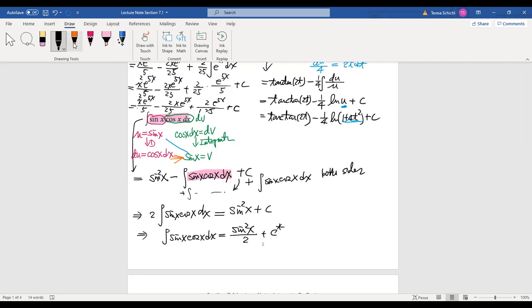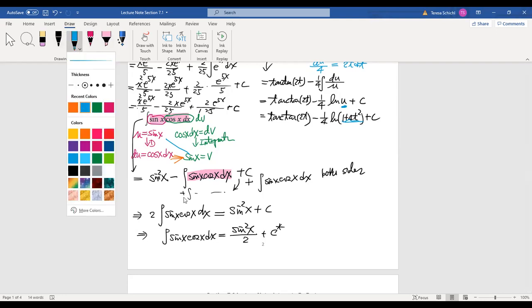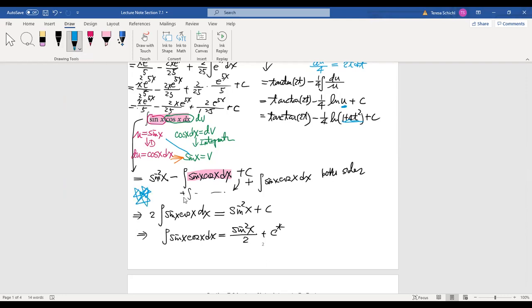This is a very, very important technique. When you try integration by parts, the integral comes out as what you had originally, so it seems like integration by parts cannot simplify it, but then you recognize they are exactly the same.